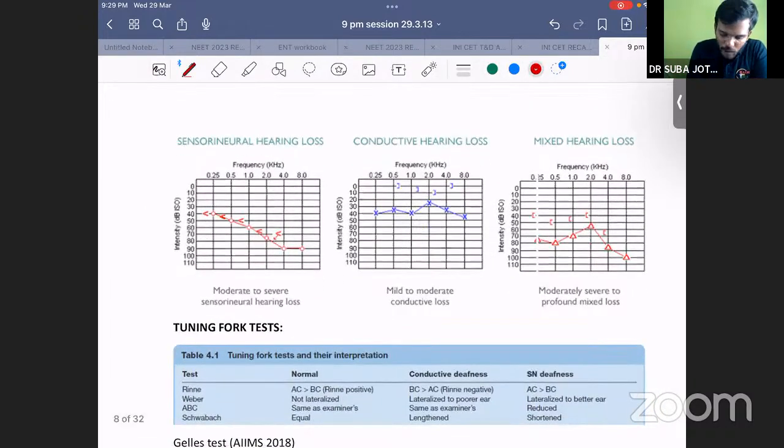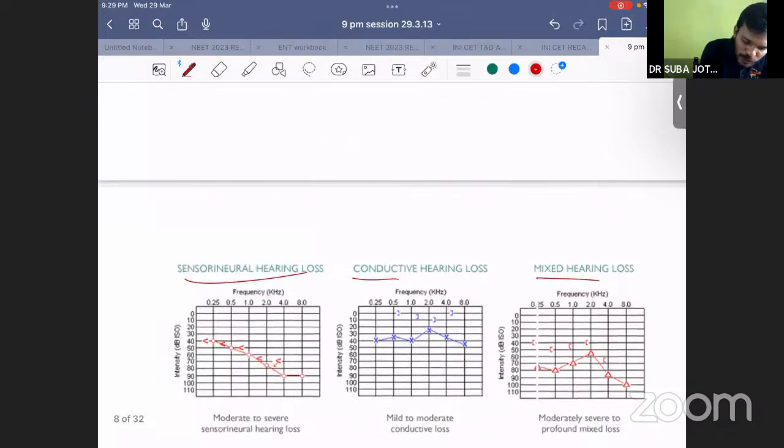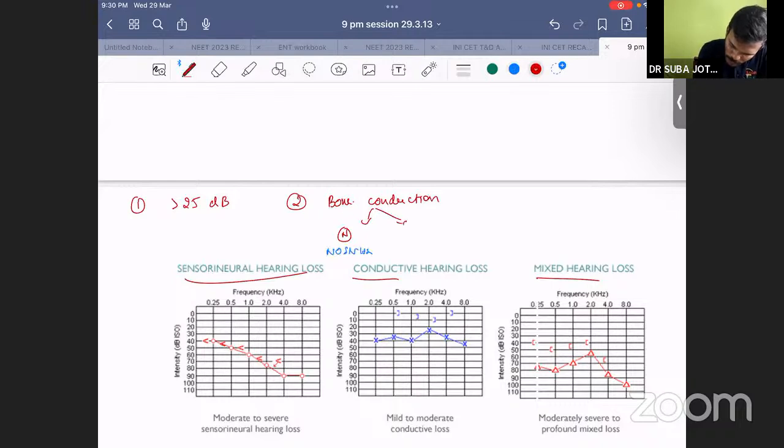Sensory neural hearing loss, conductive hearing loss, mixed hearing loss. I have told you 3 thumb rules. Thumb rule number 1 is look for the graph, any graph more than 25 decibel. Thumb rule number 2 is look for bone conduction. If bone conduction is normal, no SNHL. If the bone conduction is more than 25 decibel, yes, SNHL.